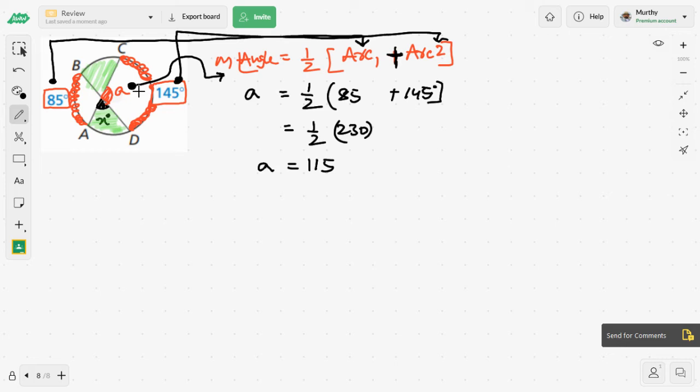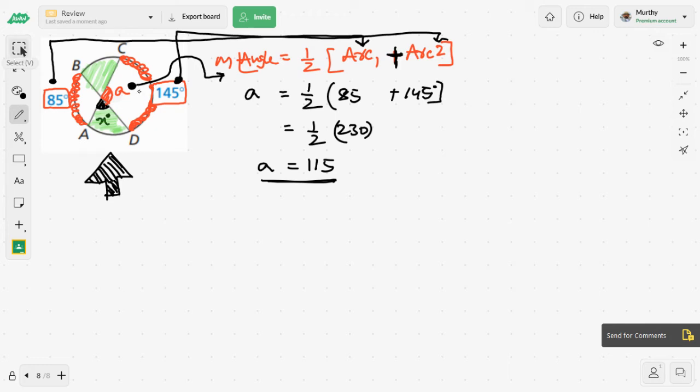But the sum is not over, because the question is to find the value of x. So again, I'm repeating, our goal is to compute the value of x, not the value of a, right?